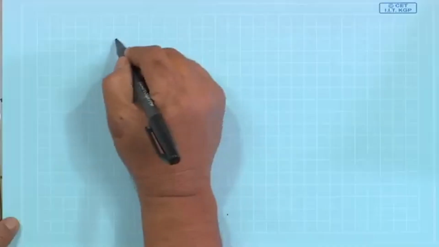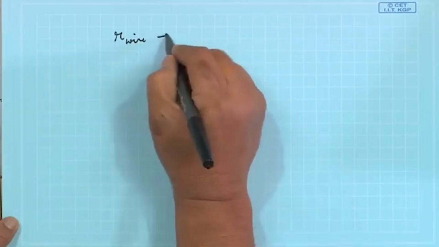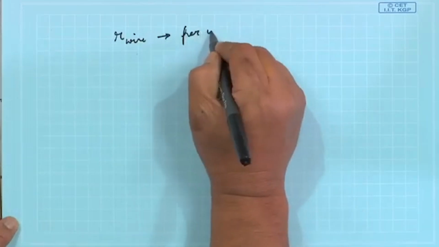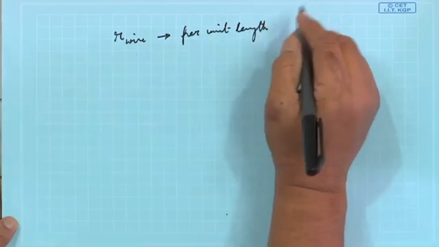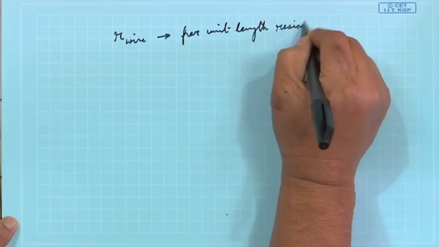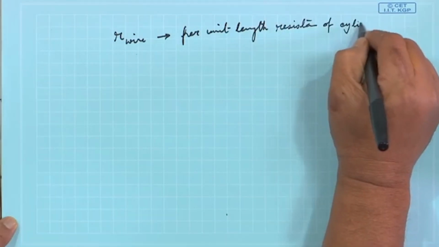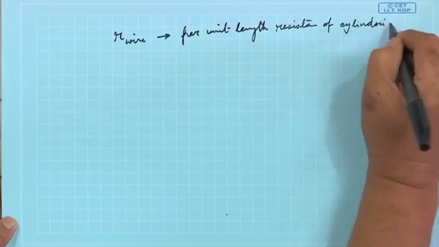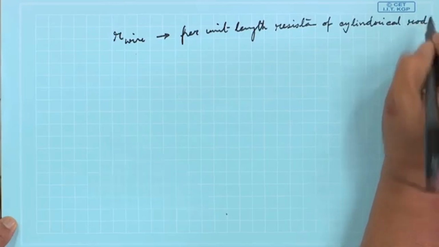So, let us say that R wire is the per unit length resistance of the cylindrical rod or wire, whatever you call it.